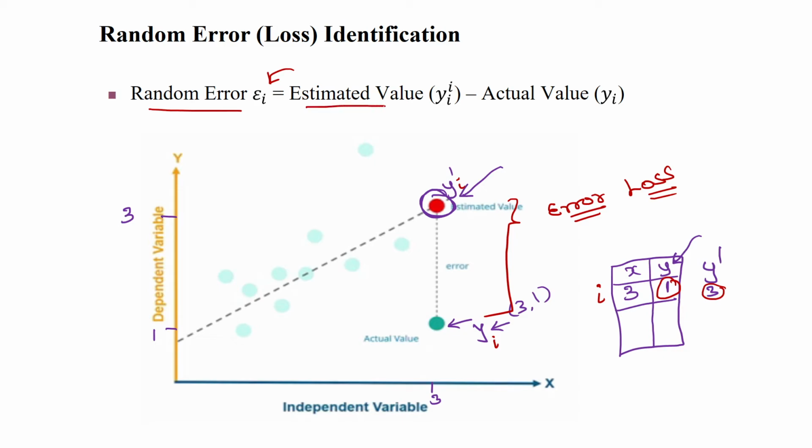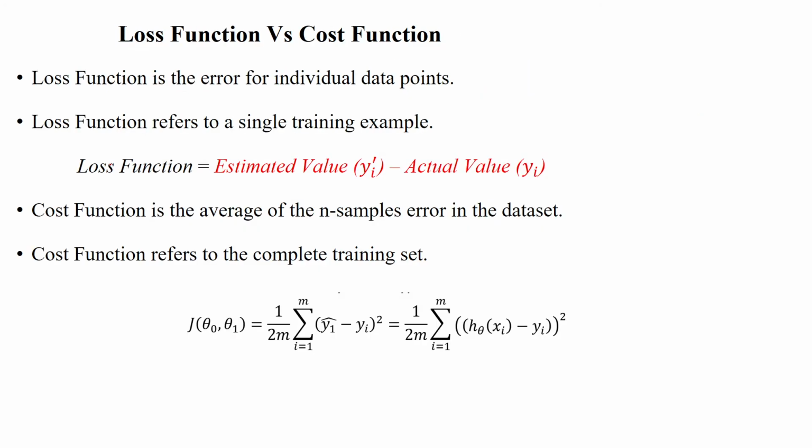Here the estimated value is the predicted value, minus the actual value of the given data point. So the estimated value is 3, the actual value is 1, so the error is 3 minus 1, which is 2. So 2 units of error we got for this particular data point. This is called the loss of this particular data point in the data set.